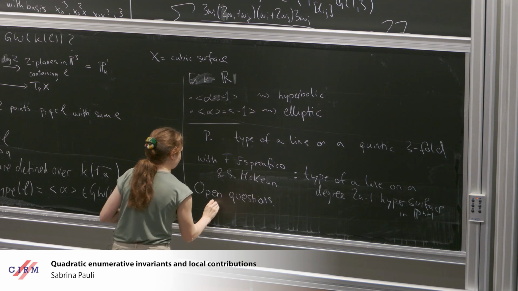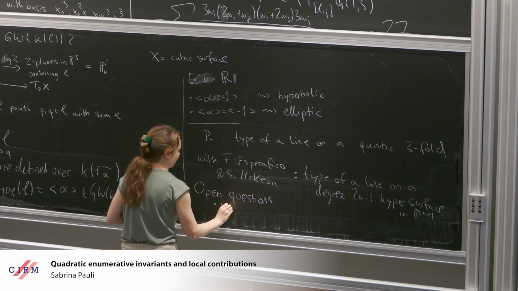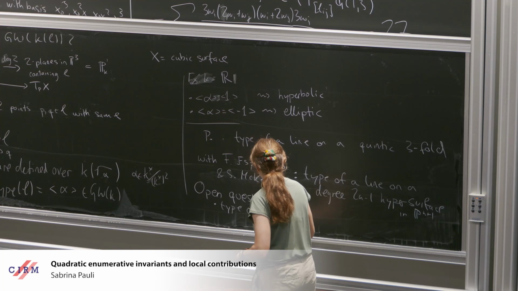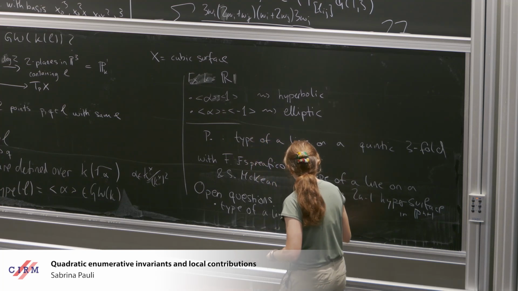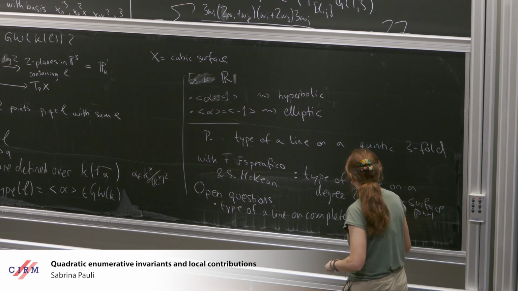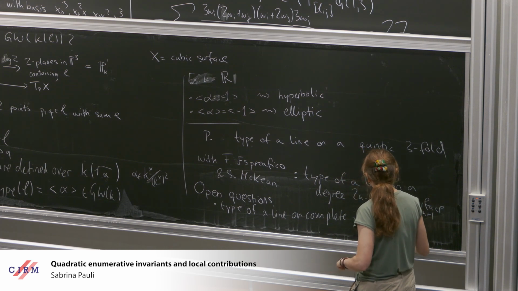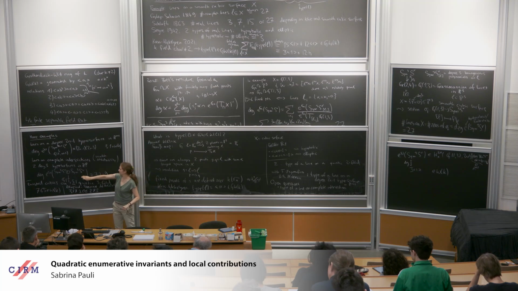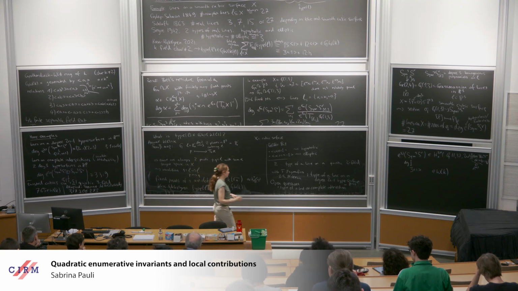For example, we don't know the type of a line on complete intersections. So in this case, I really don't know what we're counting. And also, for example, twisted cubics.